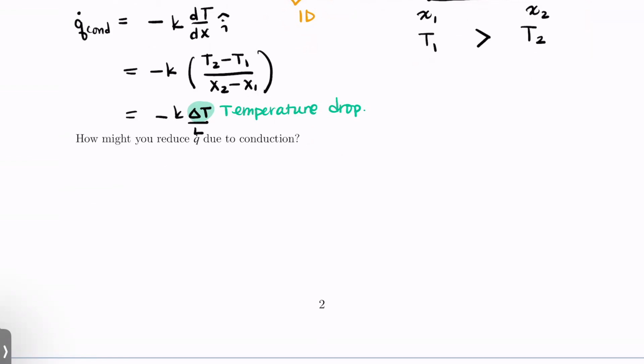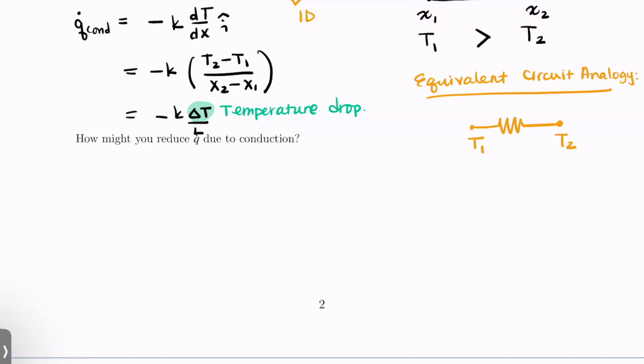I'm going to do the circuit analogy just real quick. So our equivalent circuit analogy is the following. We have our first temperature, our second temperature, and we're thinking of our material between these two temperature readings as a resistor. So this is R, and on here we have Q dot.